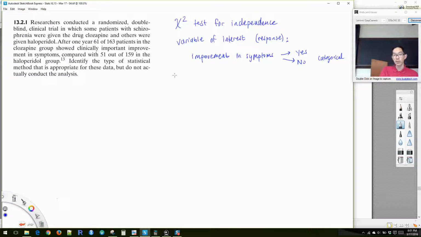So our predictor variable, the variable that we want to see could be associated, is which drug did they get.